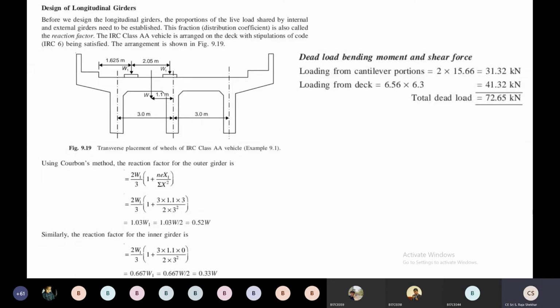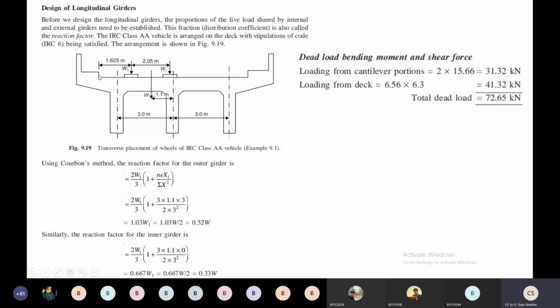Now we have to calculate the total distance from this edge to here. To calculate it, the center to center distance between these two longitudinal girders is 3 meters, plus half of the width of the girder, that is 150 mm, plus the road width available in the cantilever portion.